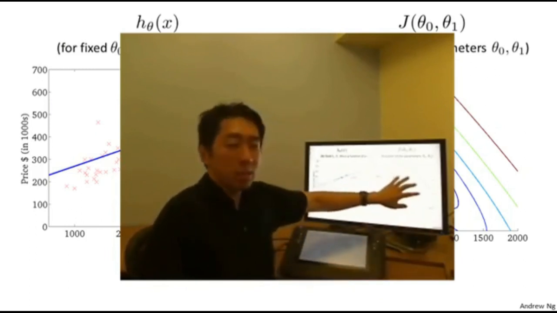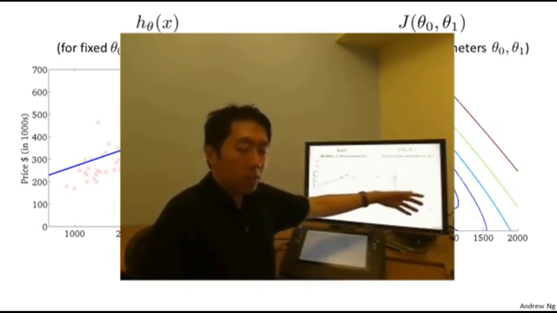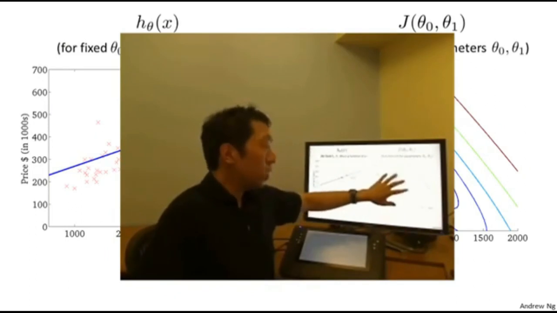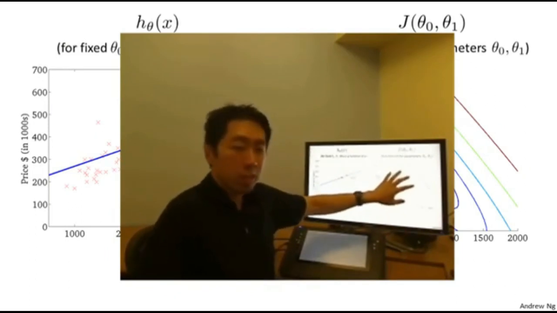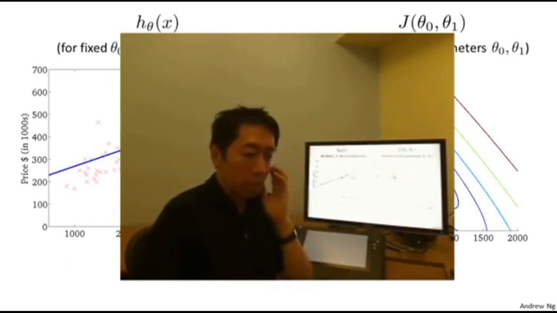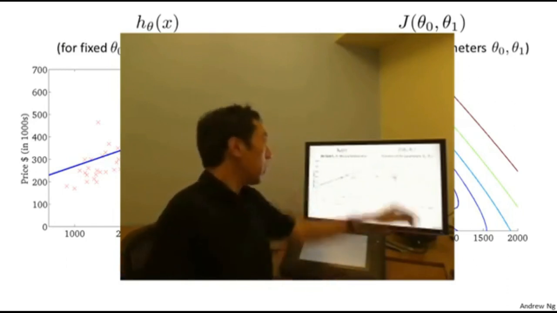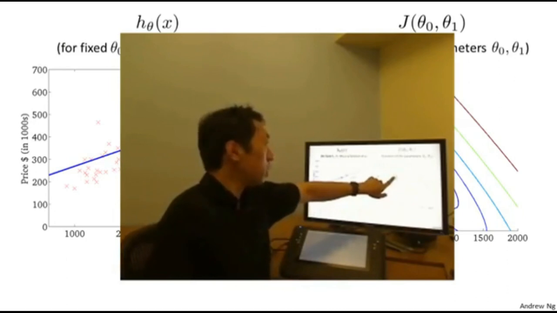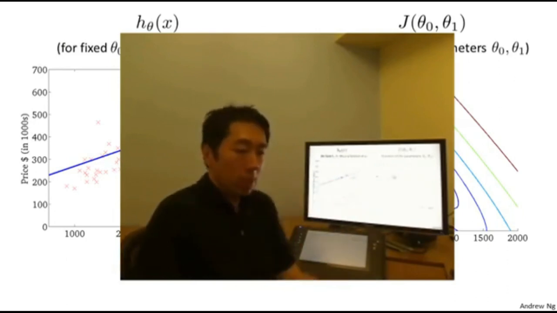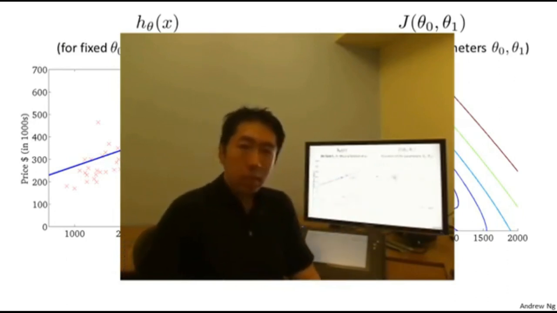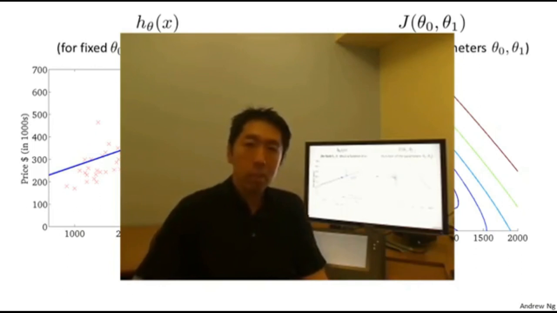We'll see later in this course examples where this figure cannot really be plotted and it becomes much harder to visualize. And so what we want is to have software to find the value of theta 0, theta 1 that minimizes this function. In the next video, we'll start to talk about an algorithm for automatically finding that value of theta 0 and theta 1 that minimizes the cost function J.